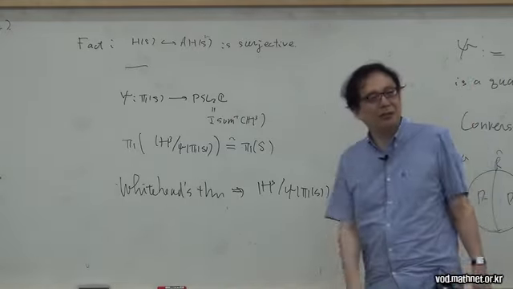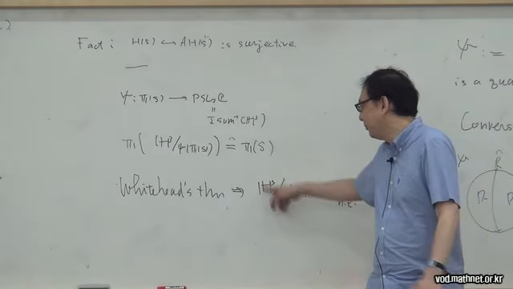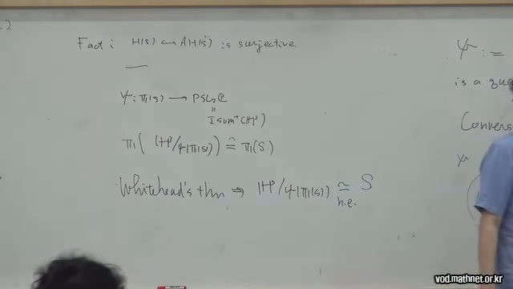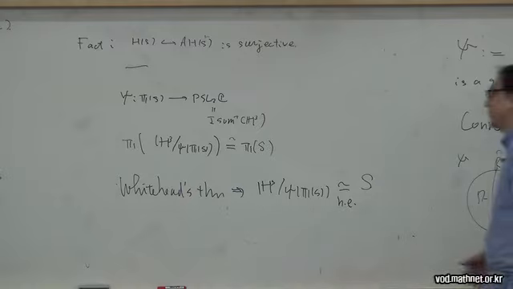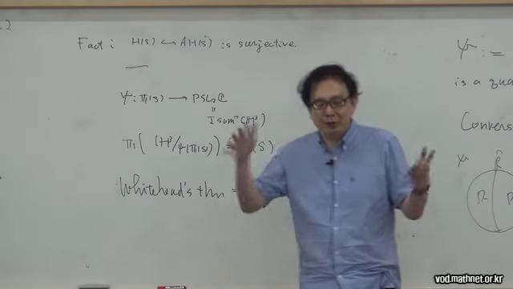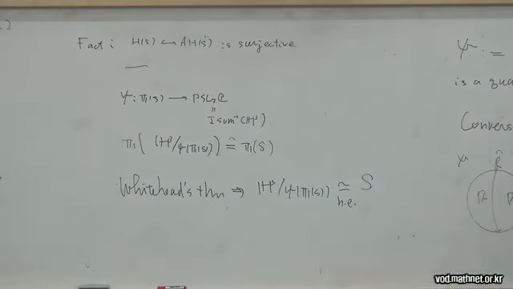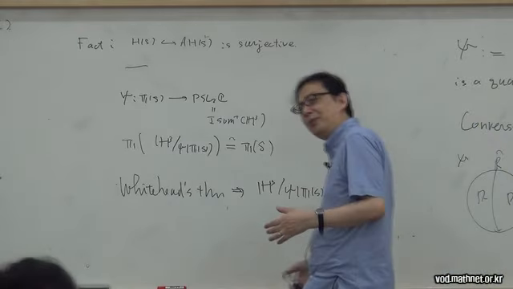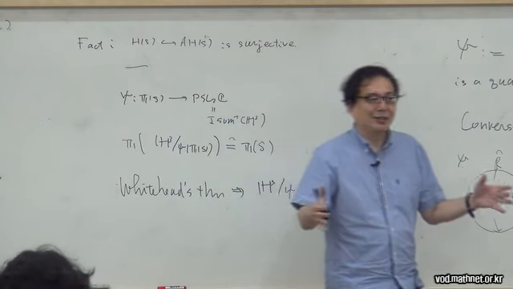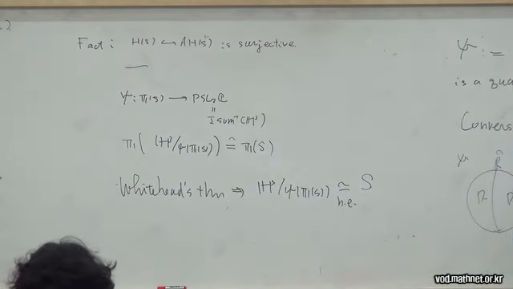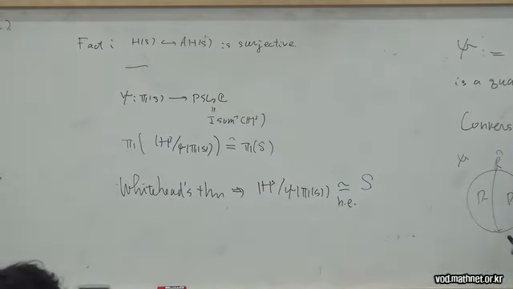But this doesn't imply in general that this manifold is homeomorphic to S times interval. Why? Because if you have a 3 manifold which is compact and homotopy equivalent to a closed surface S, then it must be homeomorphic to S times interval.